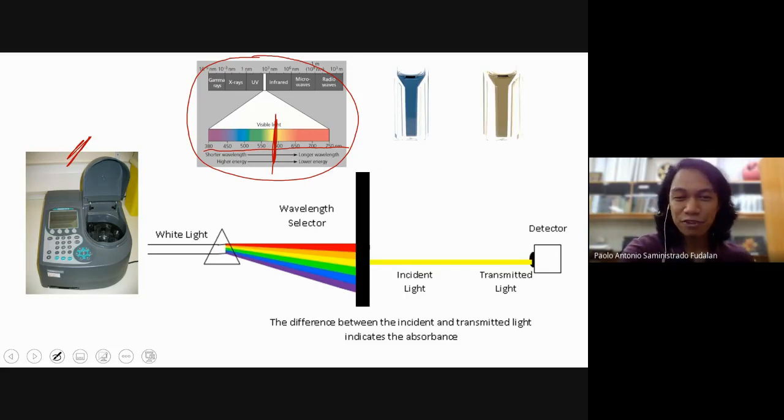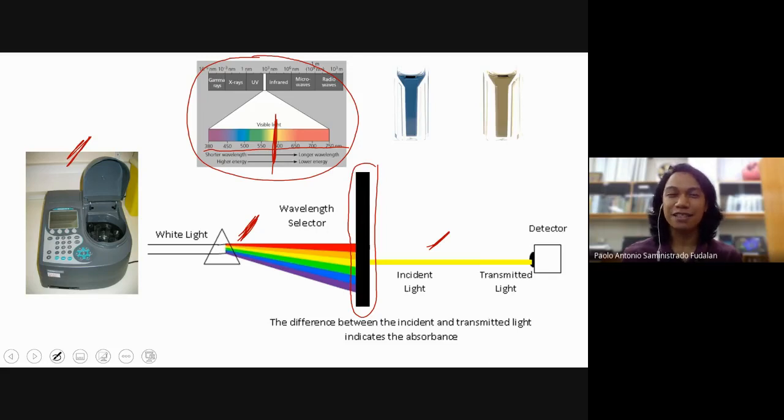The spectrophotometer is capable of emitting all colors of light. But once you set it to 595 nanometers, there is a sort of a grating that will only allow yellow light to pass. Okay, so now you see here in this illustration, only yellow light is able to pass because we set our absorbance value in the spectrophotometer for 595 nanometers.